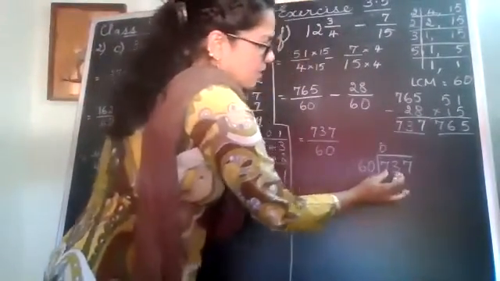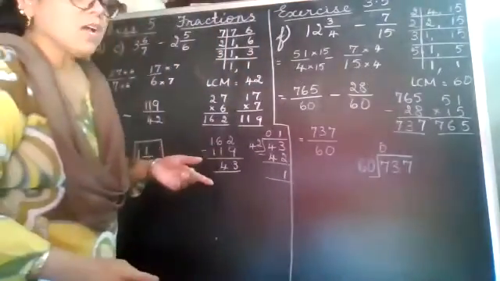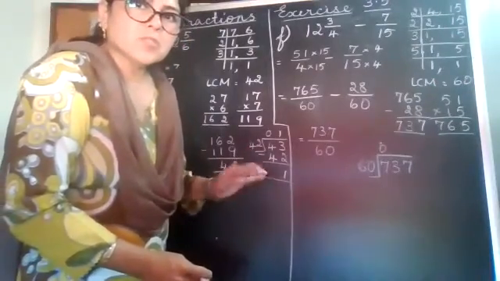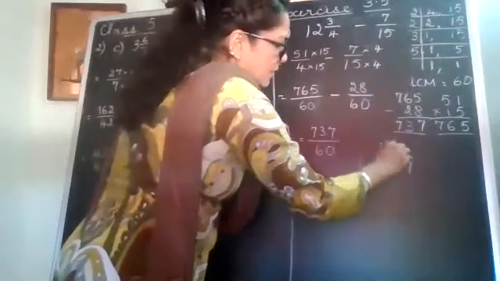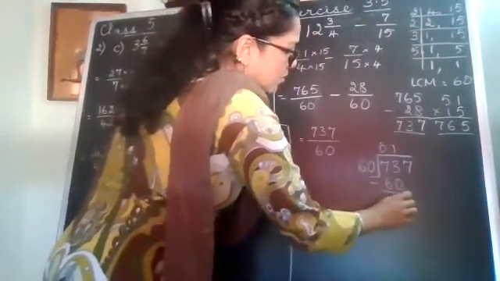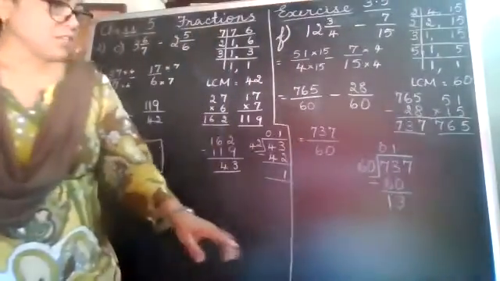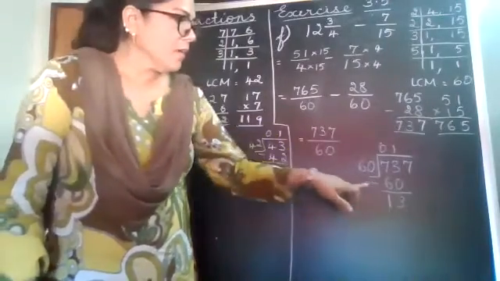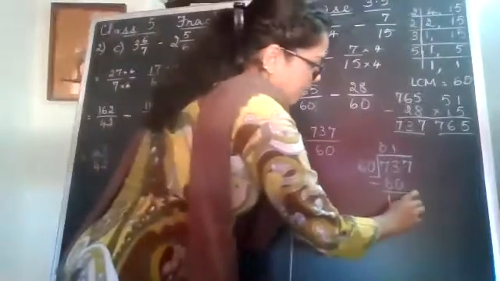Now 73. 6 1s are 60, 6 2s are 120 because 6 2s are 12. So that will become too much. So I have to take 6 1s are 60. Okay. 3 minus 0 is 3. 7 minus 6 is 1. Always check this. After subtraction, you check that the difference should be less than the divisor. Only then you go ahead.